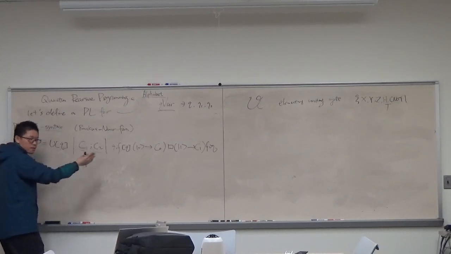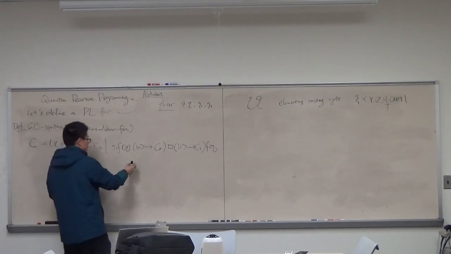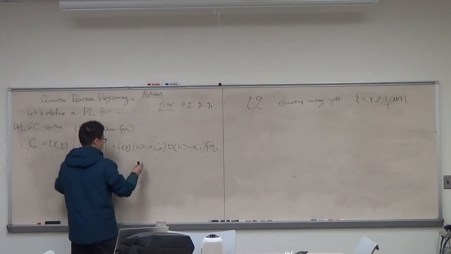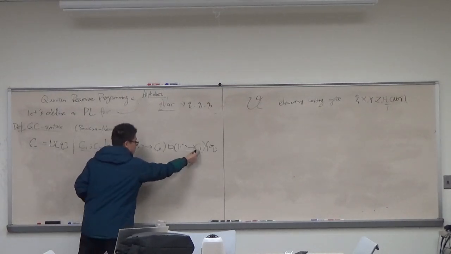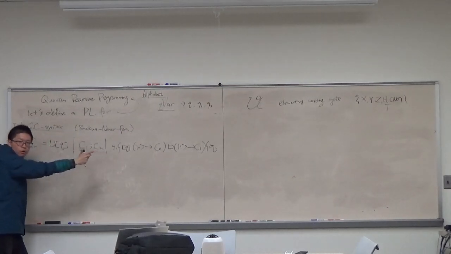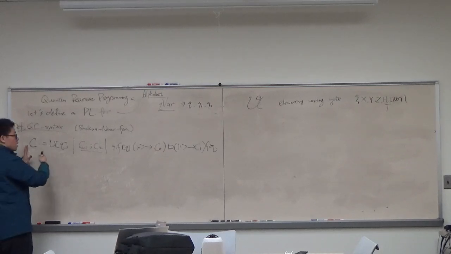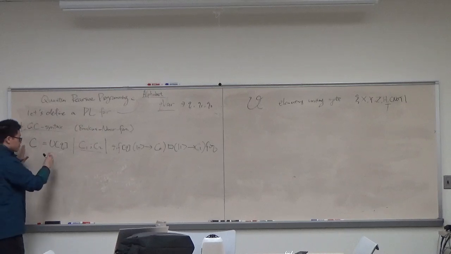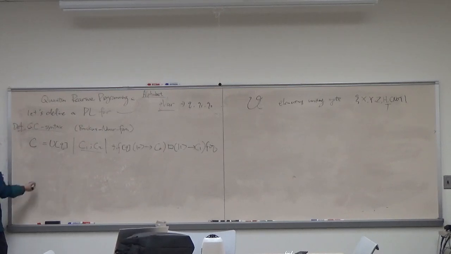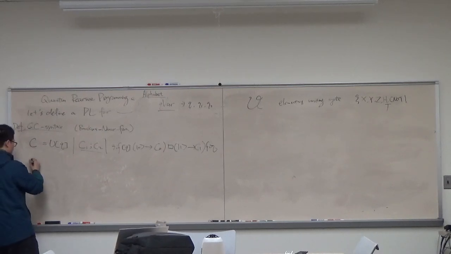So it is a recursive way to define this. And here, C can also be a quantum if statement, where each of these C0 and C1 also satisfy this form. So you can use this to define recursively complicated quantum circuits.